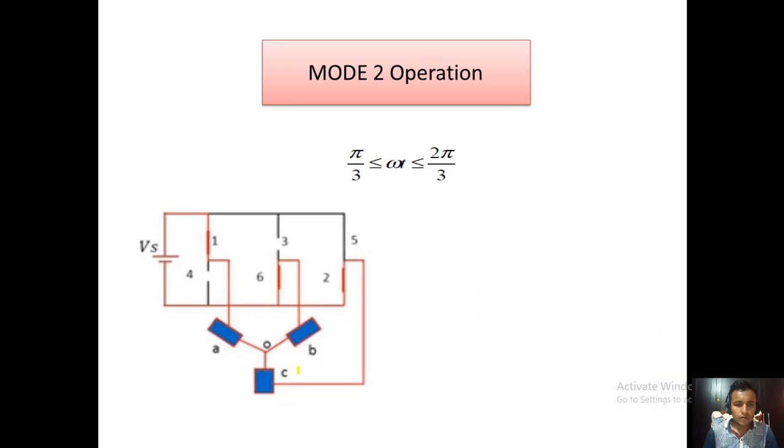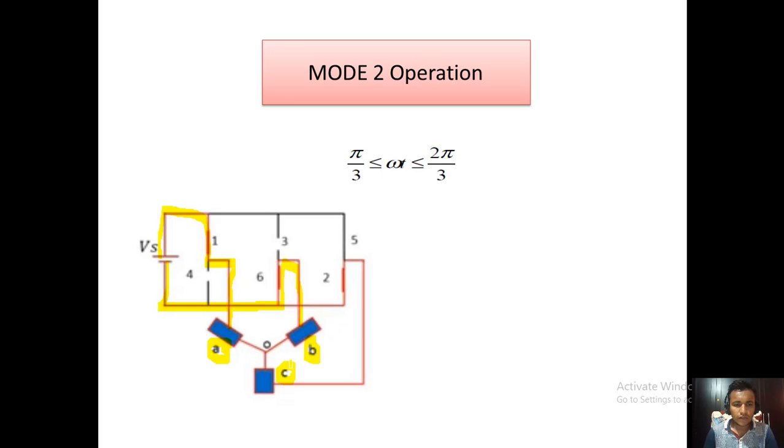Also you can see the terminal A. We can say that terminal A is connected to the positive terminal of the DC supply, and these two terminals B and C are connected to the negative terminal.